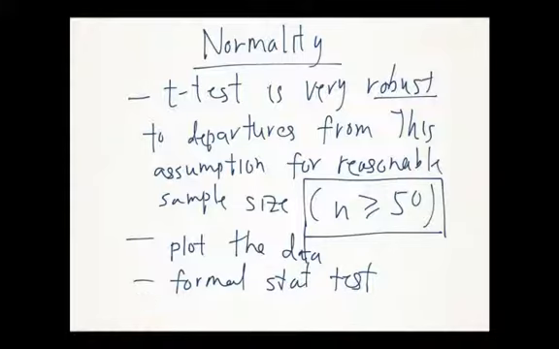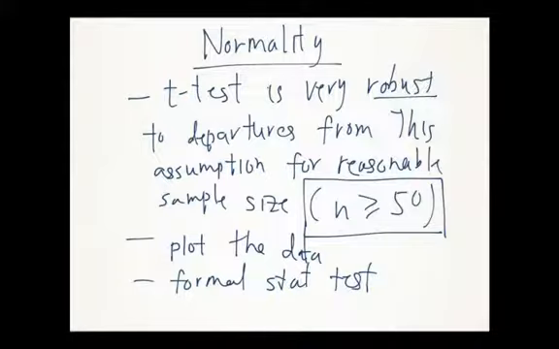So we can do it informally through a plot, or we can do it formally through a statistical test. And remember, we did a formal statistical test for the equal versus unequal variances, but plots are often way more informative.